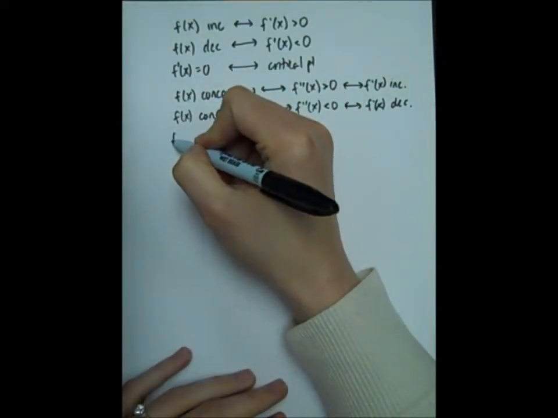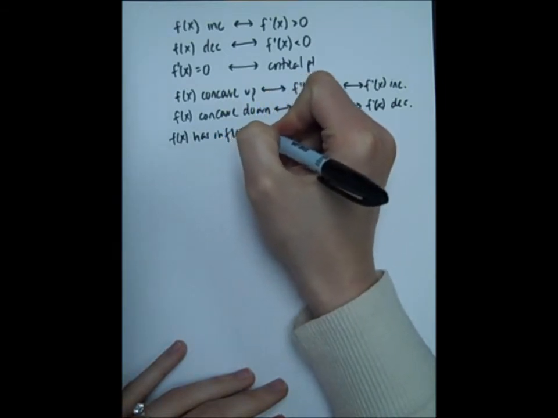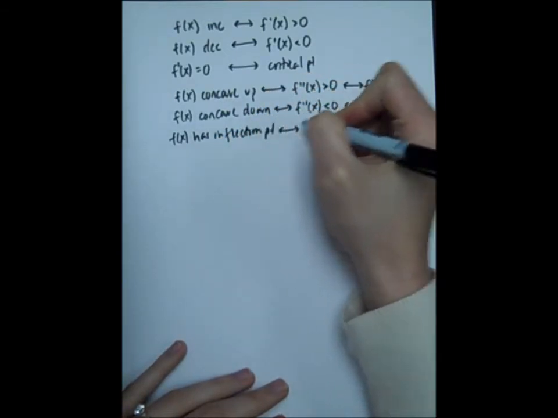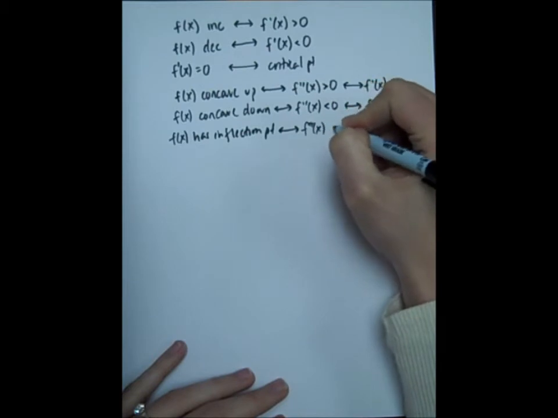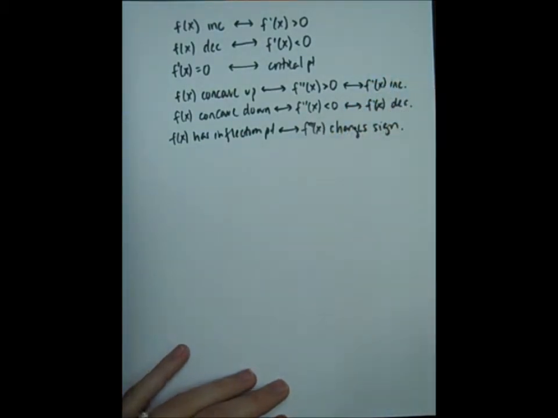And then lastly, f of x has an inflection point where f double prime changes sign. Okay, so I think those are all the things that we're going to need to know. From the first derivative and second derivative, we're going to be able to answer a lot of questions.